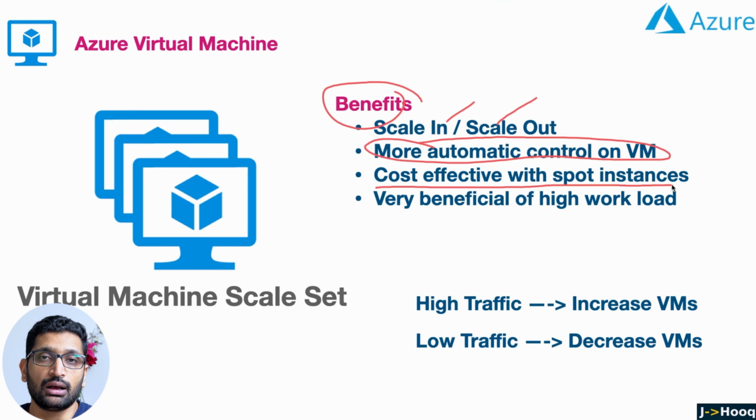That's why Azure Virtual Machine Scale Sets really come in handy when there is no traffic or low traffic to your application, so that you don't incur that much cost for running it. And at last, it is really beneficial for a high workload, which you can configure and tweak based on your incoming traffic volume.